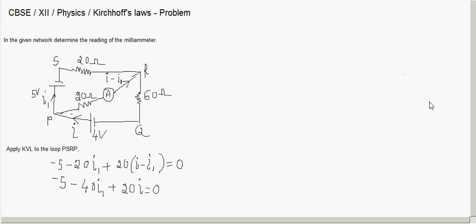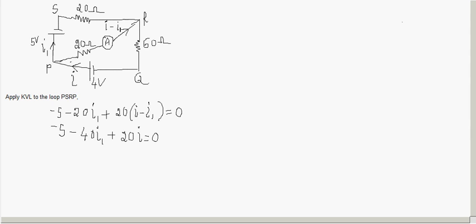Further simplifying, 20 I minus 40 I1 equal to 5. Dividing this equation by 5, we get 4I minus 8I1 equal to 1. Let me call this equation 1.